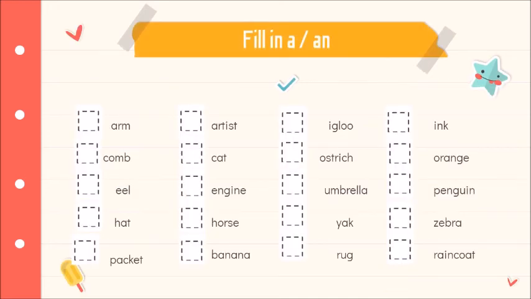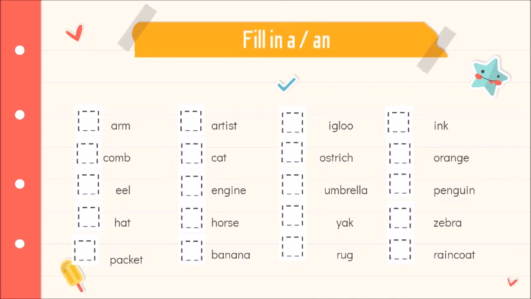Let's do some examples here. Fill in the blanks with a or an. Arm. So a arm or an arm? A artist or an artist? Yes, an artist, an arm.